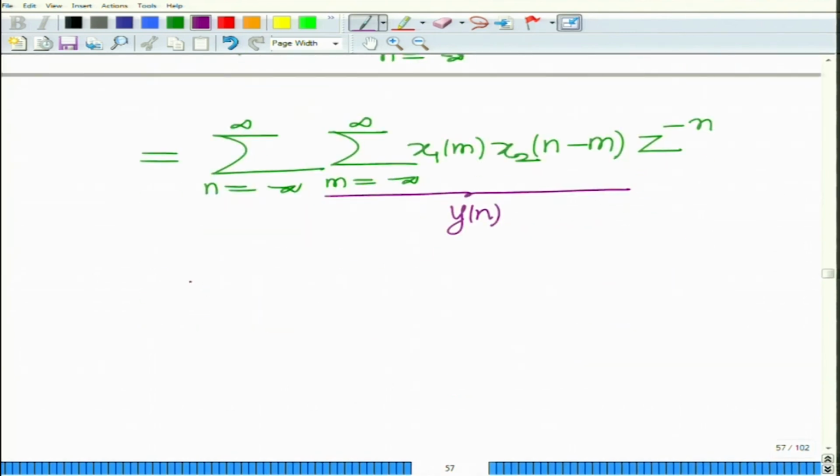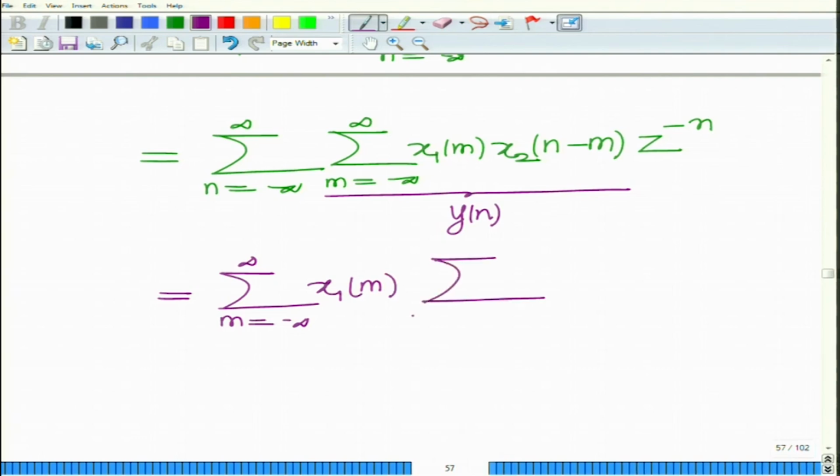Now, I am going to interchange the order of summation. So, I am going to write first m equals minus infinity to infinity x1 of m, summation n equals minus infinity to infinity x2 of n minus m z raised to minus n.